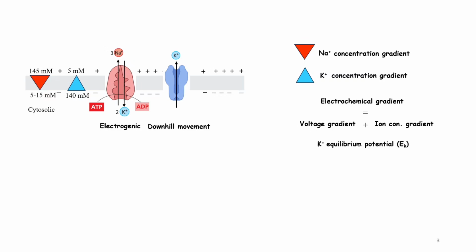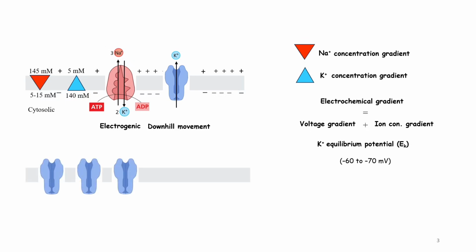If you put the values of potassium ion concentration present inside and outside into an equation called the Nernst equation, you will get a value that is very close to the resting potential, that is -60 to -70 millivolt.